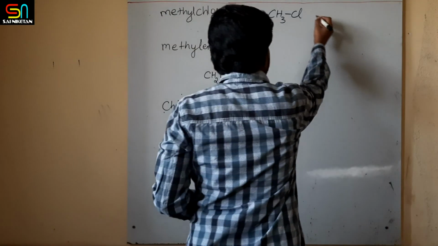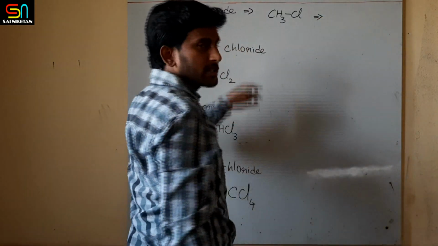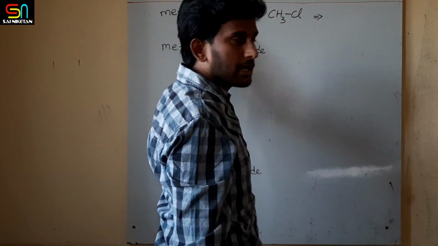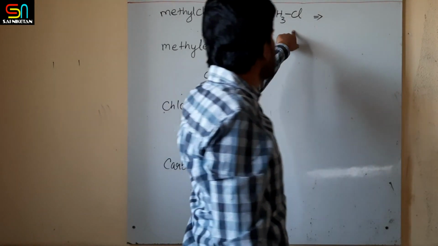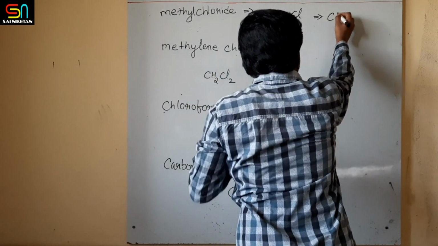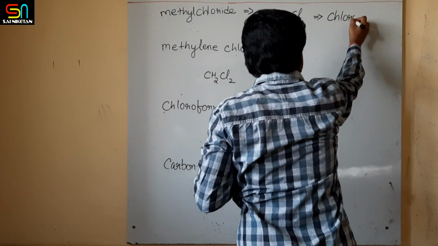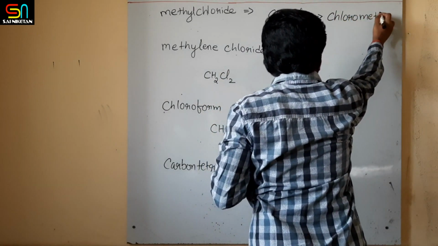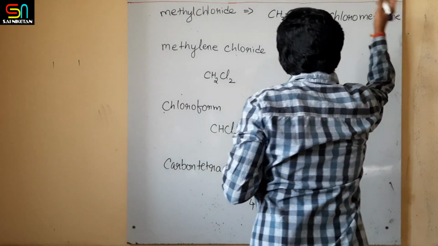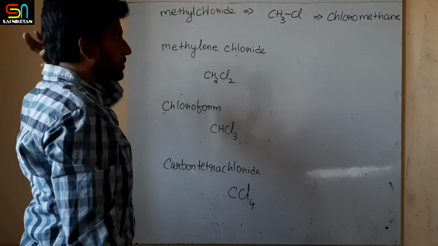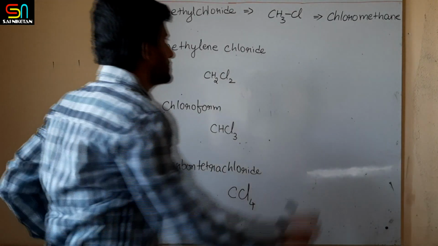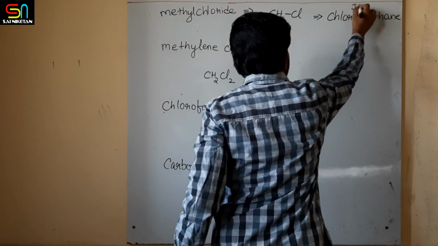Now let us write the IUPAC name for the first compound, methyl chloride. Methyl chloride is the common name. So what will be the IUPAC name here? Chloromethane. The IUPAC name of methyl chloride is chloromethane.